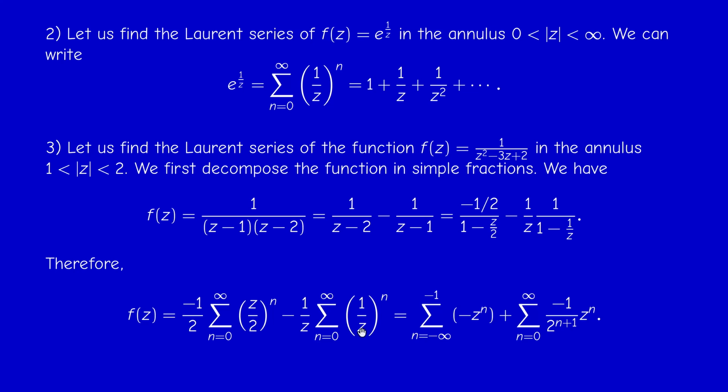If I put the 1 over z inside, it becomes 1 over z to the n plus 1. If I do the change of variables, replacing n plus 1 by n, I get this. So this series is equal to this series, and this is the singular part. And the first one will give me the regular part. And that's it.